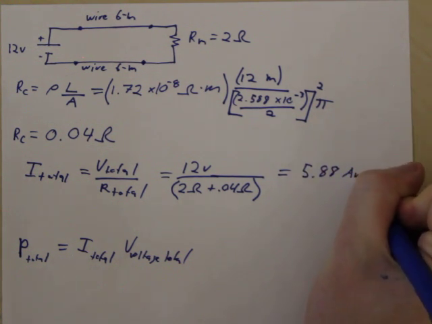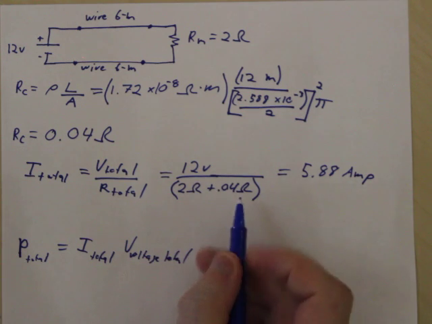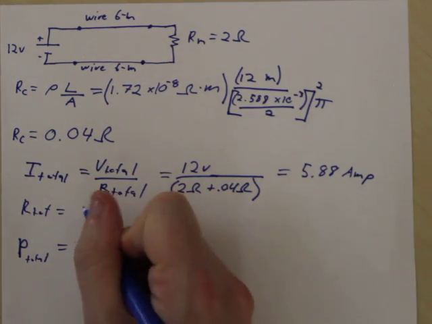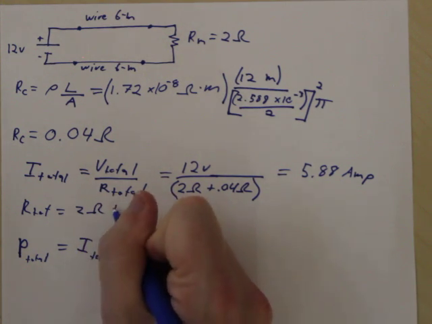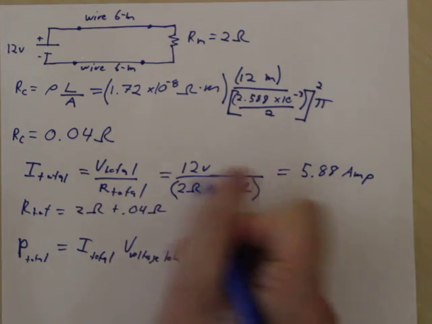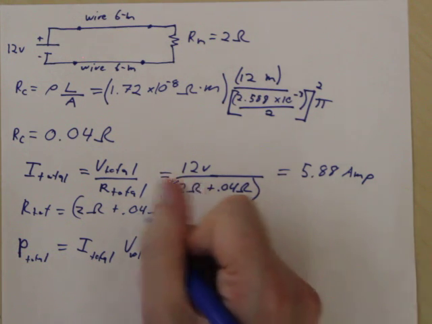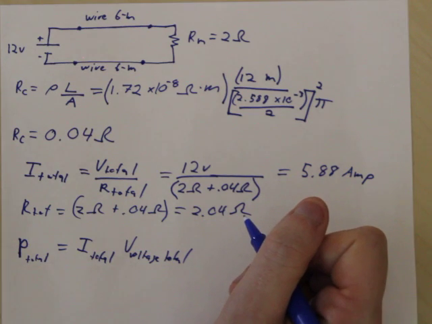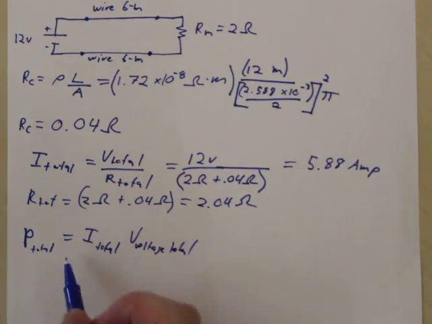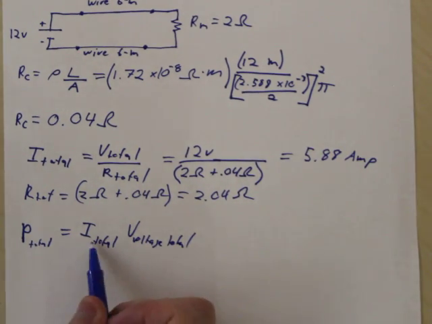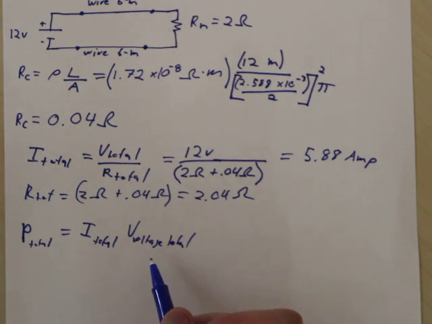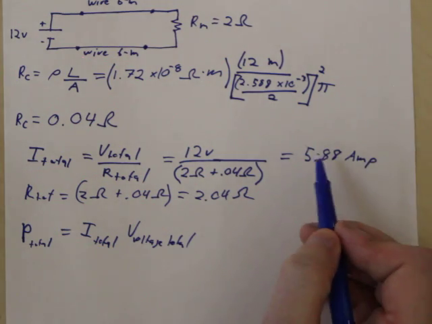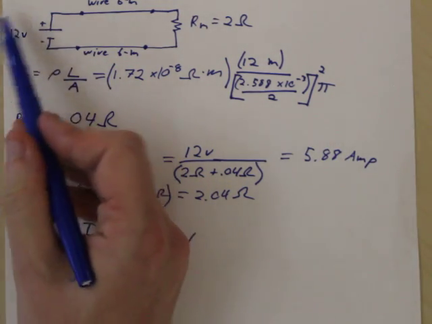And just for curiosity's sake, I'm going to write down here our R total equals 2 ohms plus 0.04 ohms. And again, we just did this in the step. I'm just trying to keep it nice and clean. So our R total is going to equal 2.04 ohms. Okay? And so now we're going to look at power. So the power total is going to equal the current total times the voltage total. So we have our current total, which is up here, 5.88, and we have our voltage total, which comes from here.